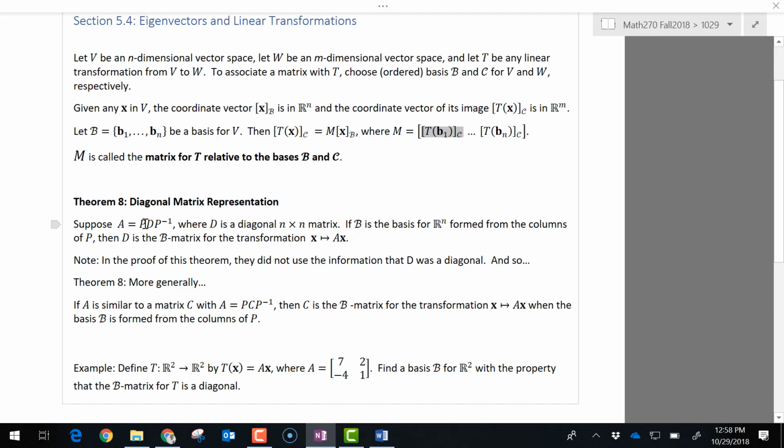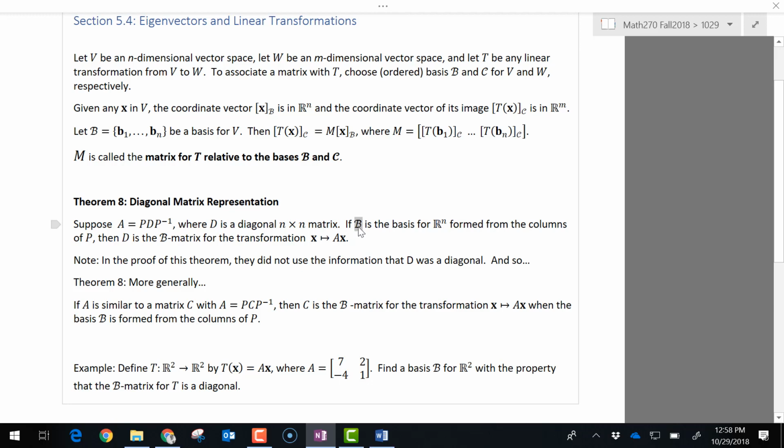And what they're saying here is that a diagonal matrix representation allows us to change the basis from the regular standard basis vectors to the basis vector that's formed by the eigenvectors.